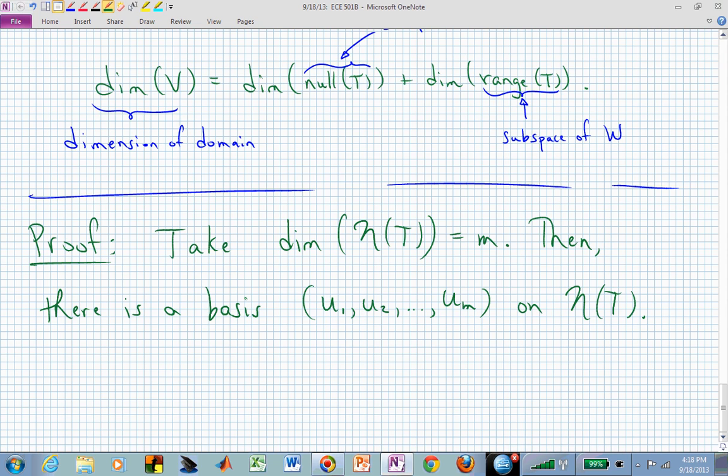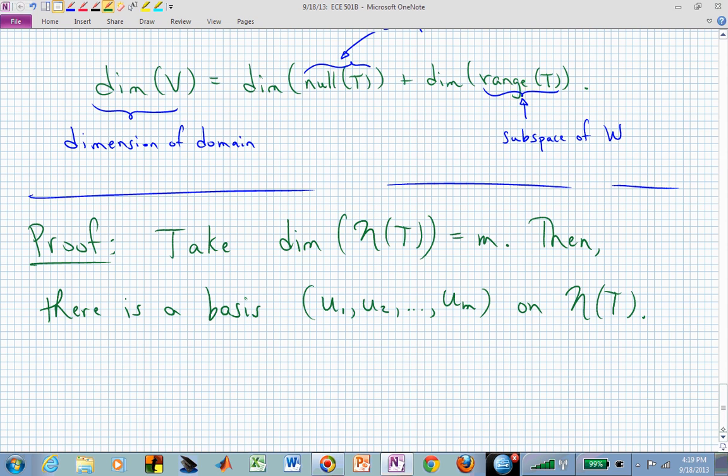Now we have a basis set. And that generically is not the same size as a basis of our original domain, is it? Typically, the null space is a subspace within the domain, meaning this is not going to be a basis for V, our domain, and we need to build it up. But we have a theorem to do that.